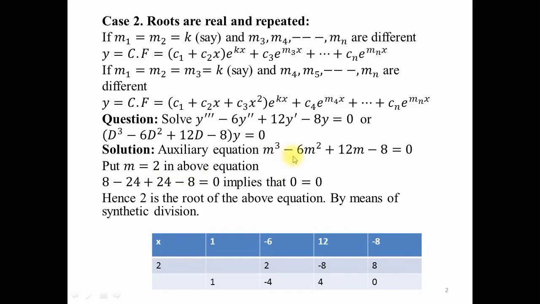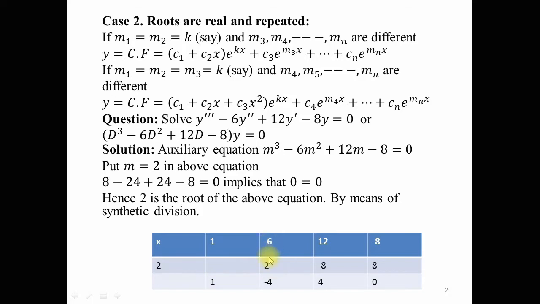Now to find the other remaining 2 roots by using synthetic division, since the coefficients of this auxiliary equation are 1, minus 6, plus 12, minus 8. So by synthetic division, to find the other roots, we proceed with this division. Since the first root is equal to 2, now the process of synthetic division: 1 multiplied by 2 is equal to 2.